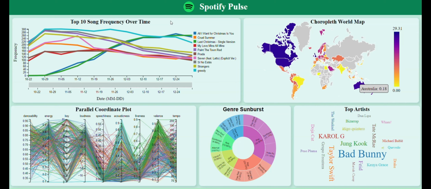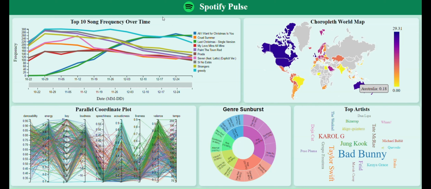Coming to this dashboard of Spotify Pulse, there are 5 plots here. The first plot is top 10 songs frequency over time, which is a line plot where the top 10 songs worldwide are selected between October and December of last year, and we are selecting the top songs per day in all the countries worldwide which are famous, and plotting them here.